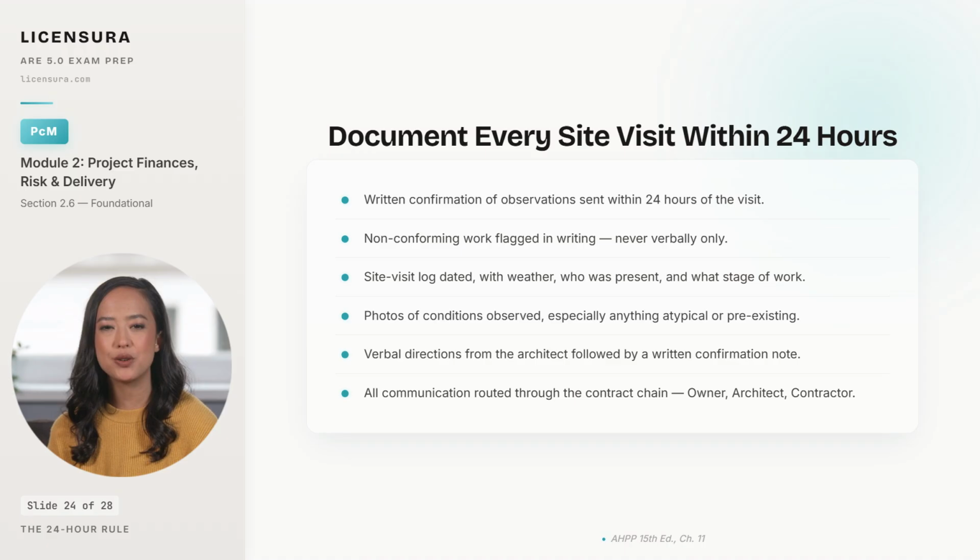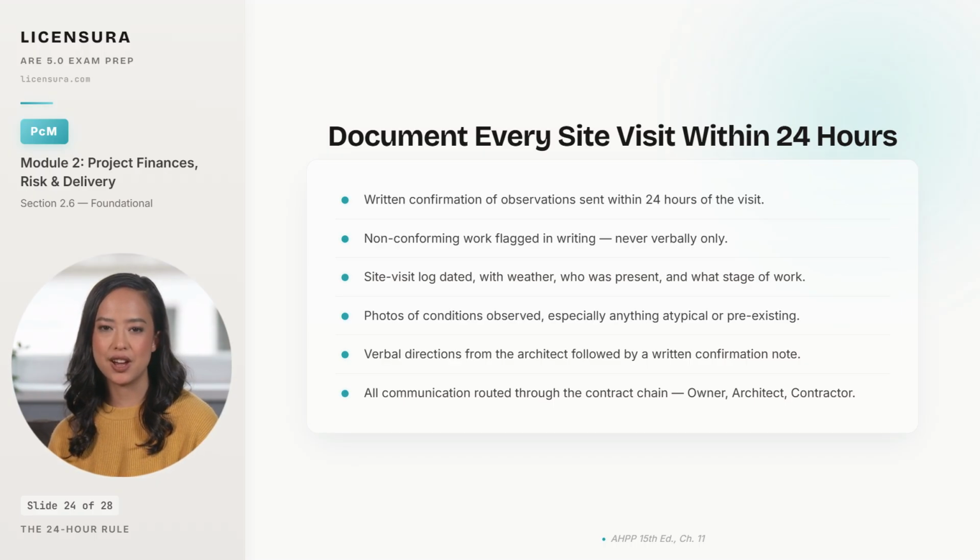Fifth, verbal direction to the contractor in the field gets a written confirmation note before the day is out, because verbal directions are how contractors later argue the architect changed scope without a change order. And sixth, all communication routes through the owner-architect-contractor chain. Letting the owner talk scope directly with the contractor, or letting the contractor change details without a written instruction, creates the gaps that become your exposed flank when a claim is filed.